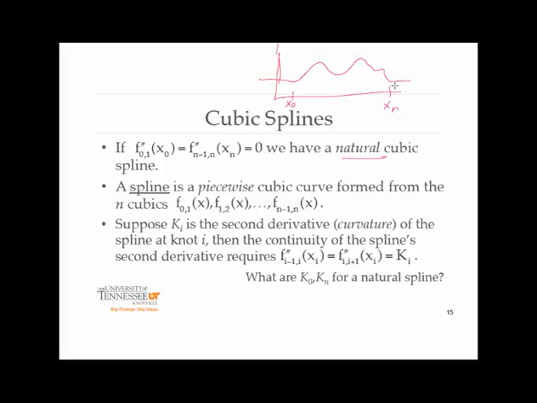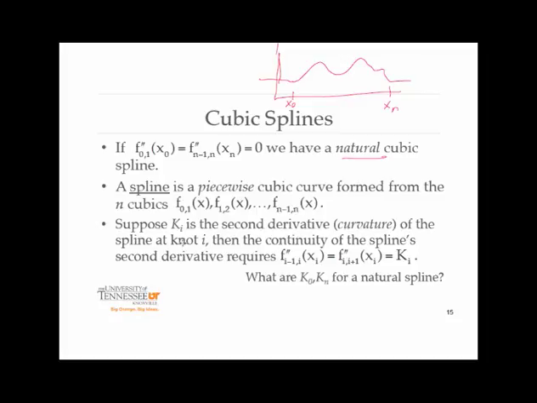So again, a spline is a piecewise cubic curve formed from n cubics. Each one of these f functions here is cubic, so the entire spline is piecewise cubic. To get the curvatures at the interior points, we want this constraint.